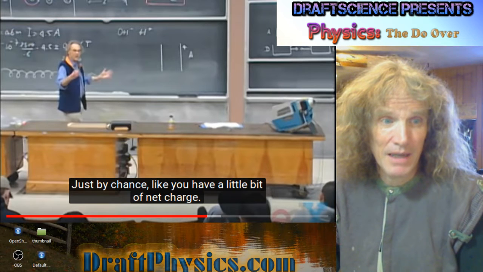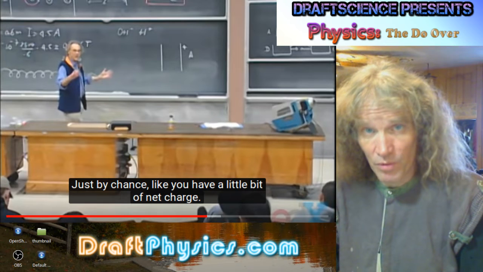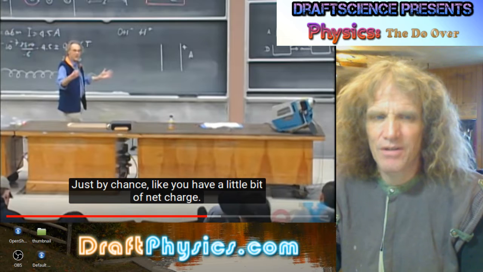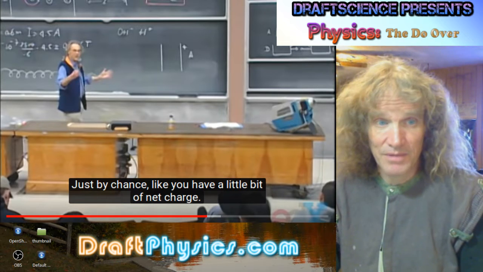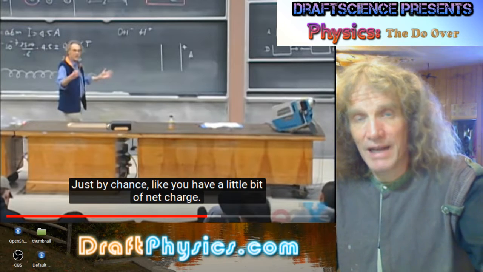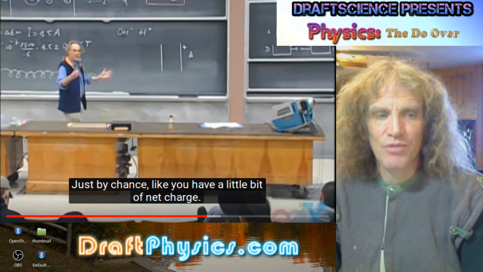So if can B has a higher positive potential, then it probably will win in deciding who's going to be positive and who's going to be negative. But like in all these cases, something will decide the circumstance. There's some deciding factor because it has to go positive, negative. It can't just stay in between.